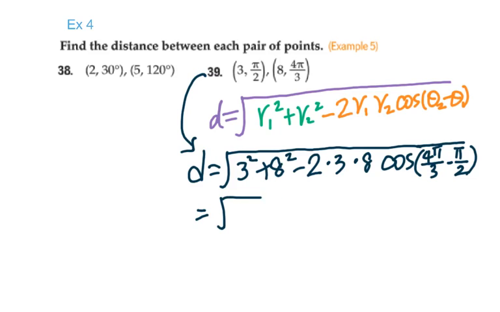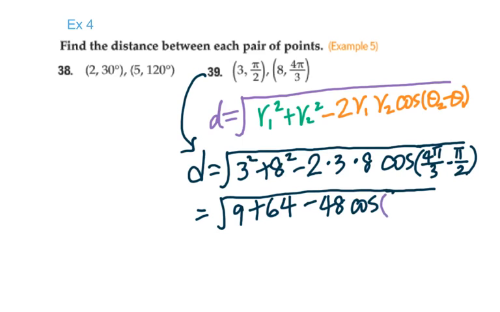So we got 9 plus 64 minus 48 cosine of 5 pi over 6. Put this into the calculator, we got 10.7.